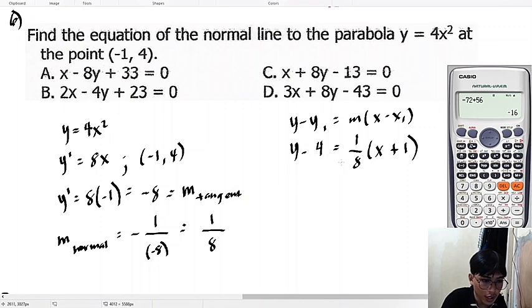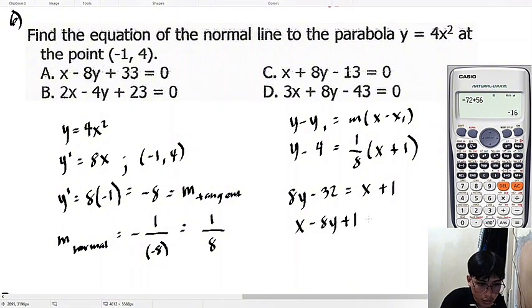So let's simplify by cross multiplying. We have here 8y minus 4 times 8, 8 times 4 is 32, and then on the other side is x plus 1. So move the 8y over here, so we have here x minus 8y plus 1 plus 32 equals 0.